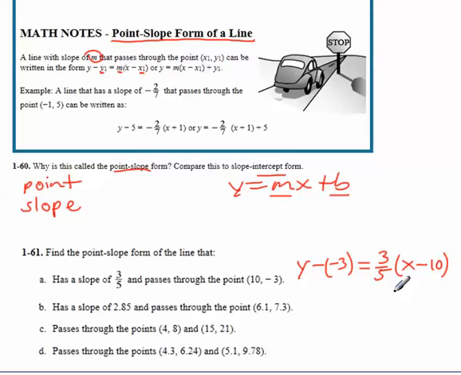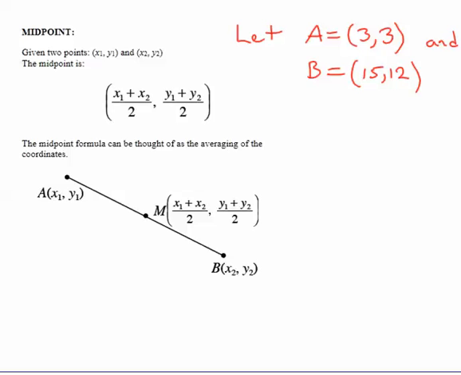That's the basic. Okay, moving to the next one, midpoint. You need to remember how to find the midpoint given the coordinates of points A and B. It is the idea of finding the average, because if I draw a box around this, the distance between our x's is this length right here, and the distance between our y's is this length right here.